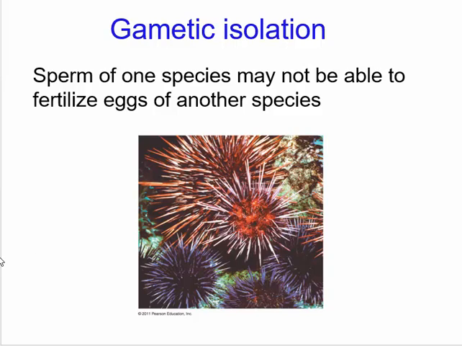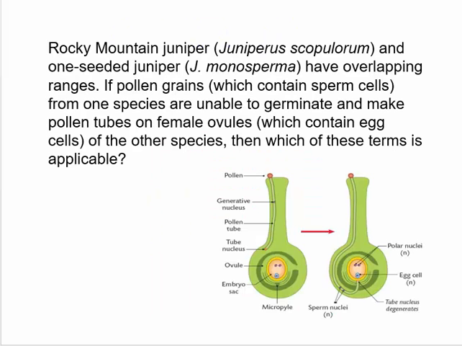So they'll send their gametes out into the water, and those might all be present. So there's the potential that they could fuse, but they don't. Only the right sperm will fuse with the right egg, from the same species. So that's gametic isolation. All right, here's another question for you to try.